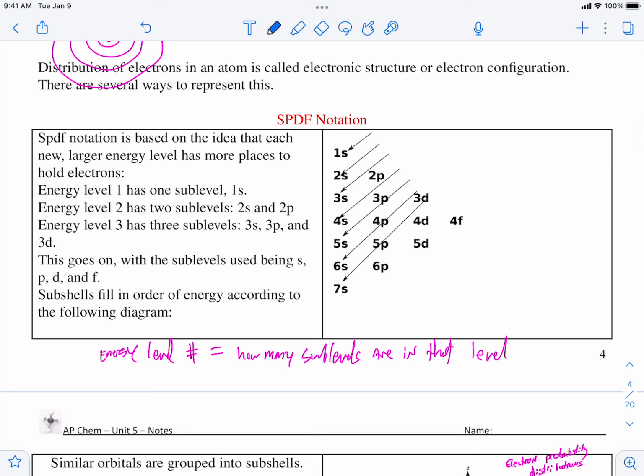Okay? All right, with that aside, we have these different sublevels, and back to this chart here, you see some arrows on this chart. These arrows are what we call order of fill. And we start here.